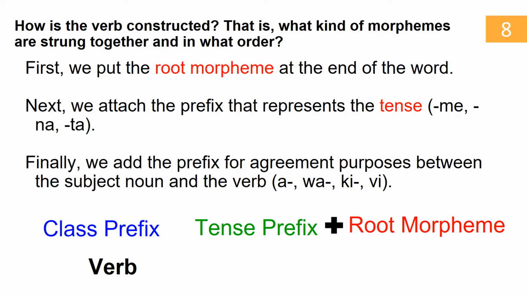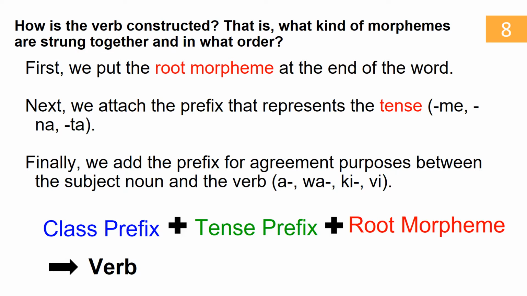During our analysis, we also found that a verb in Swahili contains a class prefix, a tense prefix, and a root morpheme. For example, amefika, meaning has arrived, contains the class prefix a, the tense prefix me, and the root morpheme fika.